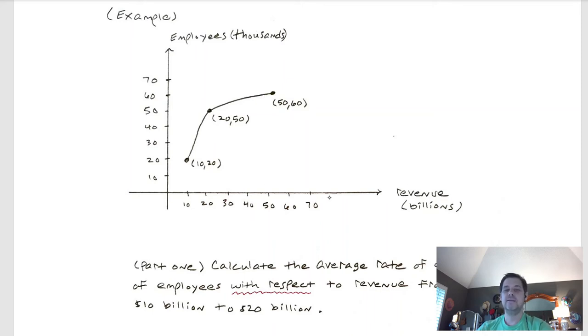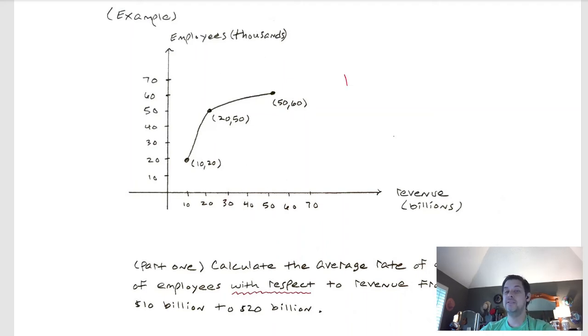Like as the revenue goes up, does the number of employees go up the same way all the time, or does it change as the revenue goes up, and so on. So the question might be, how do these two things change together? How does the revenue of a company as it grows influence the number of employees at the company, as it would presumably grow too?